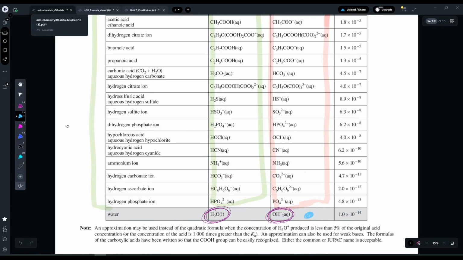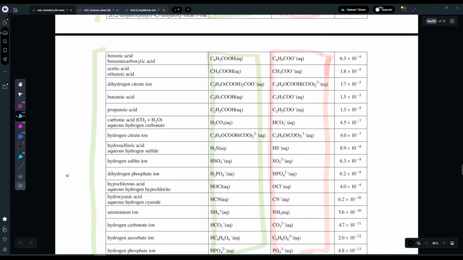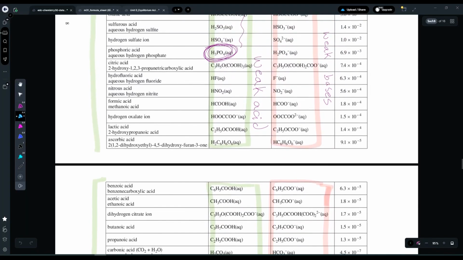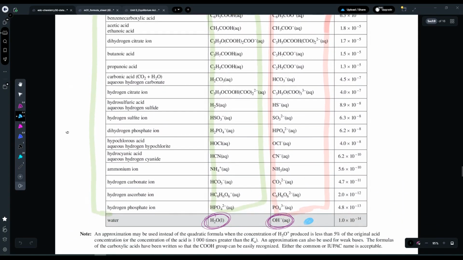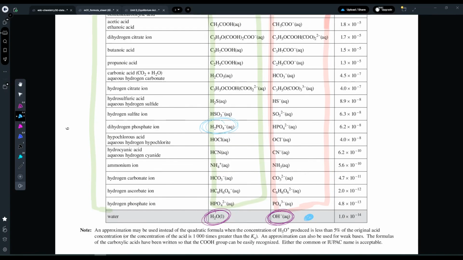If you wanted to prove that to yourself, you could find dihydrogen phosphate, so that will be right here. Even though it's a weak acid, the base is still a lot stronger than this.